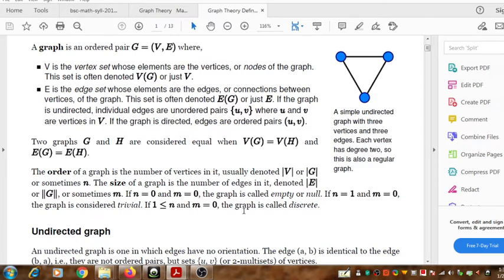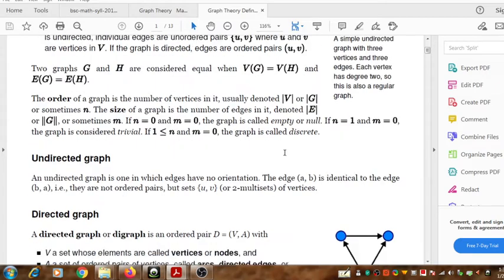But when n equal to 1 and m equal to 0, such a graph is called a trivial graph. But if n is greater than or equal to 1 and m equal to 0, then the graph is called a discrete graph.